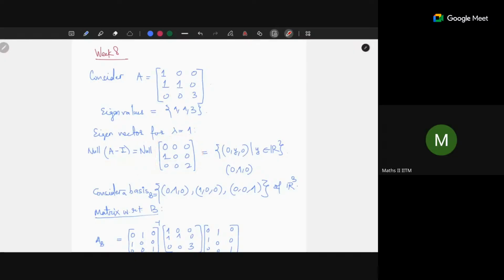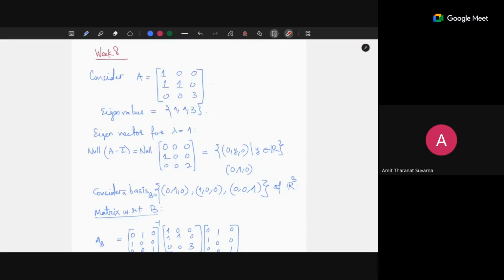Now what is the nullity of this matrix? Can anyone tell? The equations are x plus 2y equal to 0... No, x equal to 0 and 2z equal to 0.